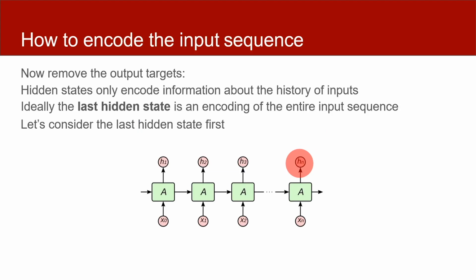To change this for our new task, we need to remove the output targets. We only need the last hidden state, because it's a function of all of the input and all of the past hidden states.